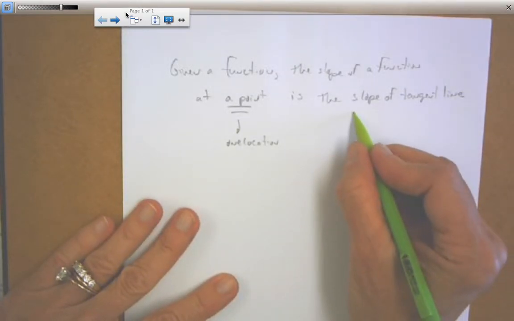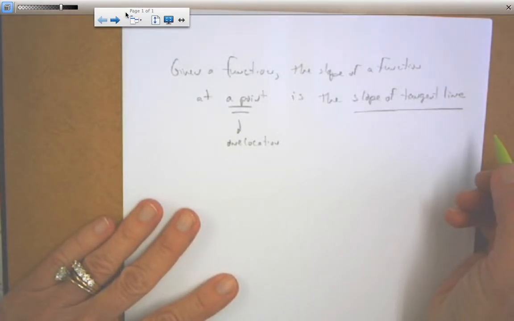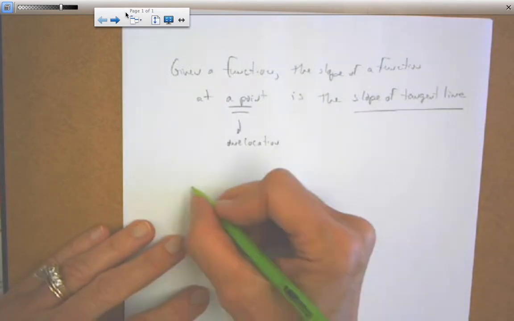But we don't want to write slope of the tangent line every time. We want to say something a little bit simpler.